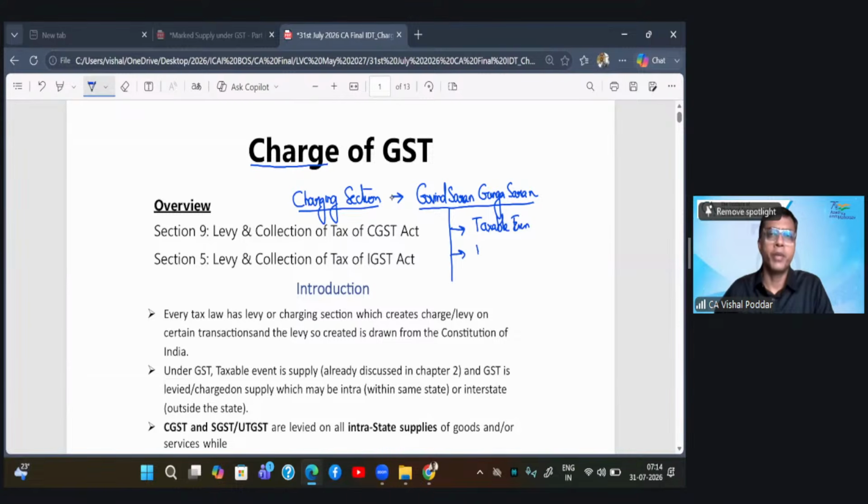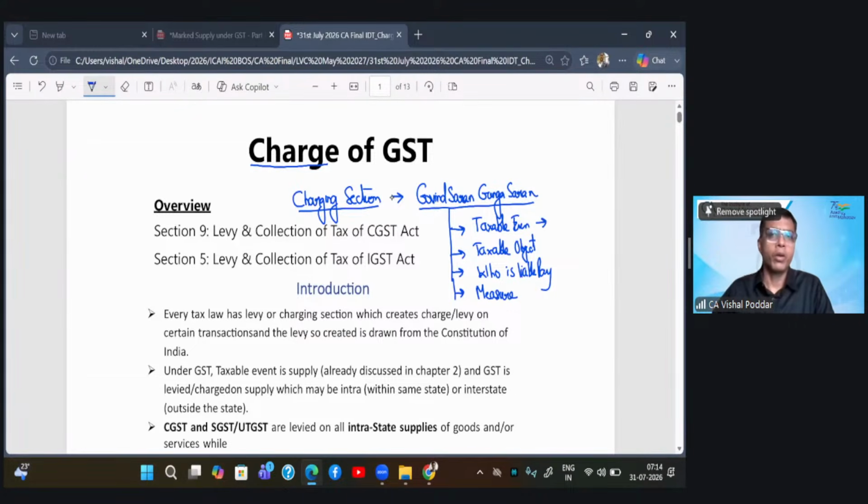It should specify the taxable object, that is, on what the tax is imposed. Then it should specify who is the person liable to pay. And finally, it should provide the measure. Measure means how to compute the tax.